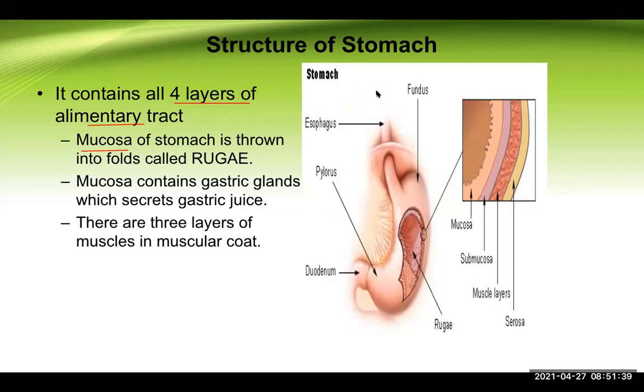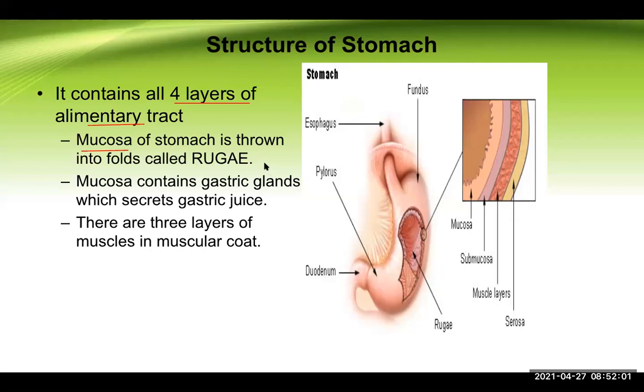Now, among them, the mucosa has a lot of function here. The mucosa of the stomach is thrown into different types of folds, which are called rugae or rugosities. Because of these rugae, we can identify the stomach quite nicely. These are gross morphological features of the stomach.